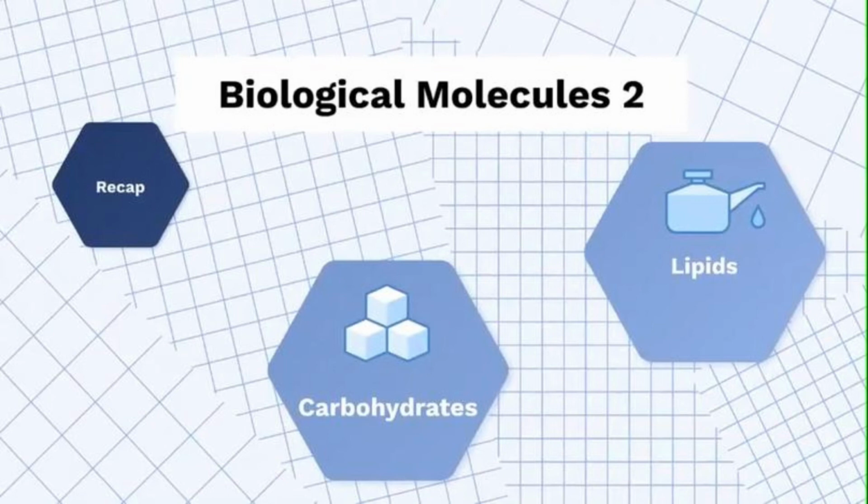We then also learned about 3 types of carbohydrate. So we looked at glycogen, cellulose, and starch. And we also learned 2 biochemical tests that can be used to look for carbohydrates.